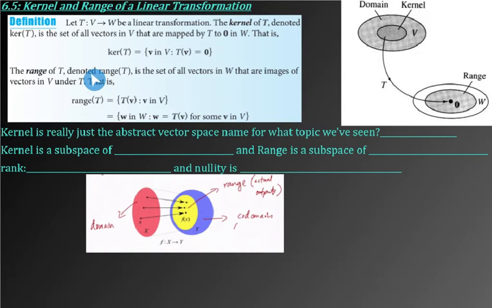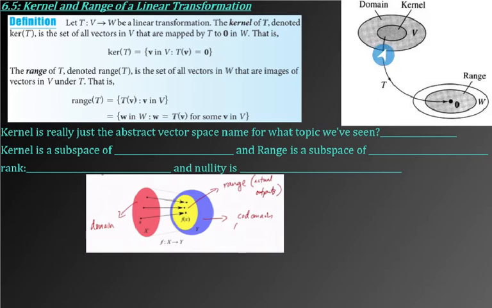The range of T, which we denote literally range of T, is the set of all vectors in W, in the output space, that are images of vectors in V under T. So basically, for some w in W, w equals T of v, where v is in V. And this is the picture you should think of.